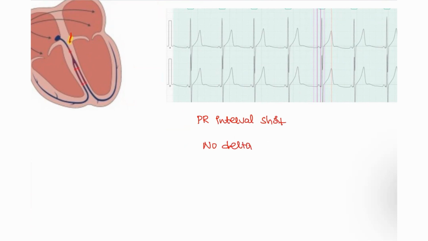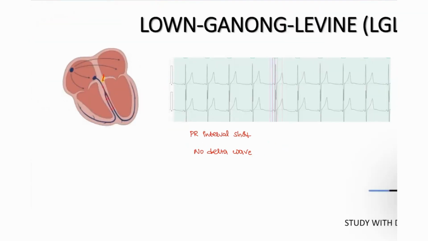Okay, no delta wave. There is no separate bundle of Kent, but other ectopic beats are coming, and treatment is supportive and ablation. Ablation is done for this patient.